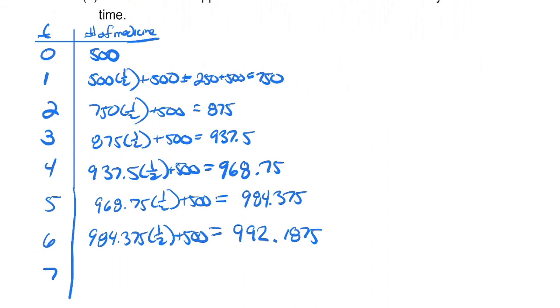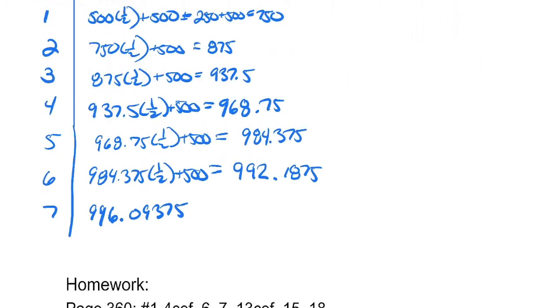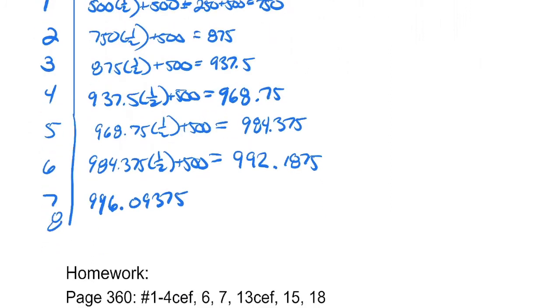So it's going to be 996.09375. Let's do a couple more. The next is 998.046875. Maybe 999.023437. So we're getting really close to 1,000.